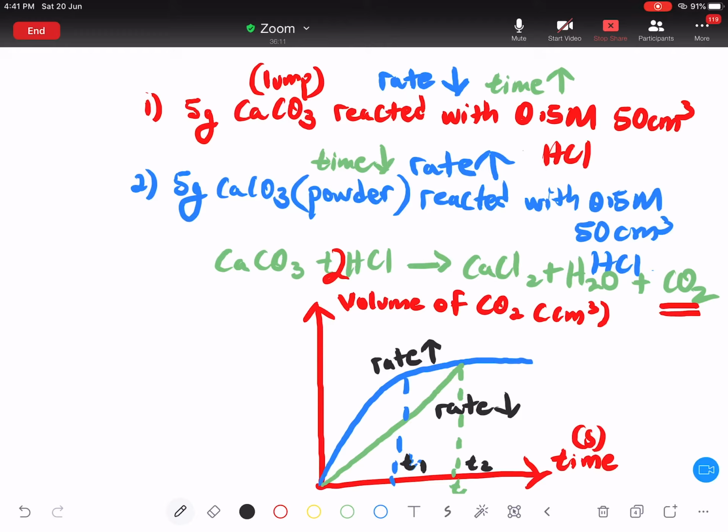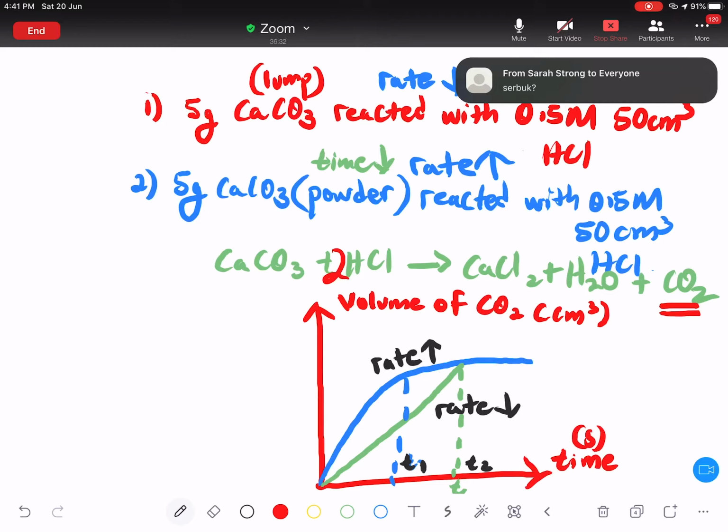Guys, if the blue has a high rate of reaction, who am I? The lump or the powder? The blue has a high rate of reaction.